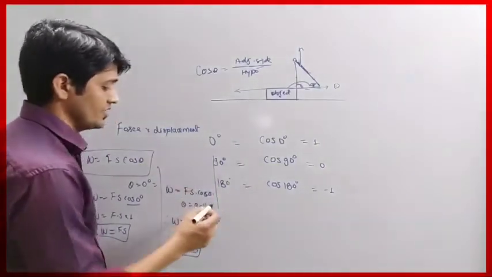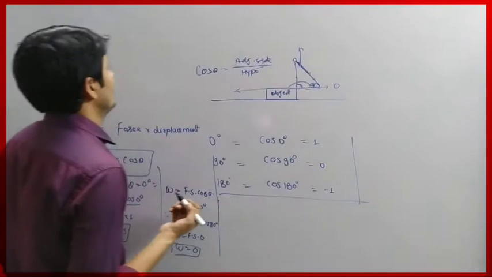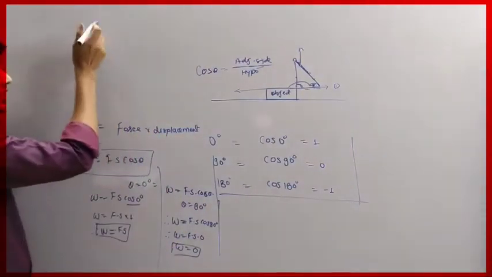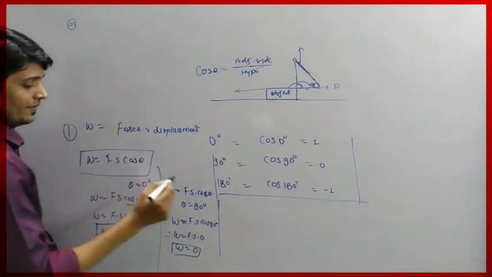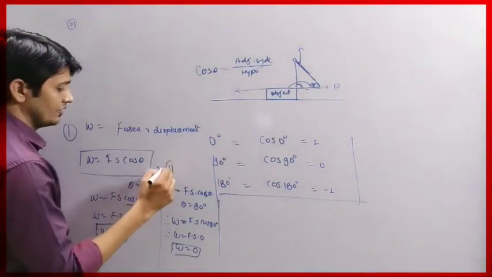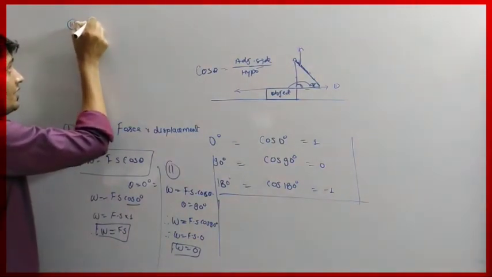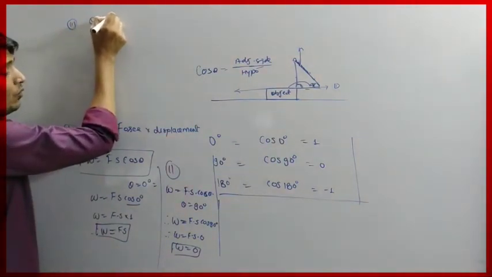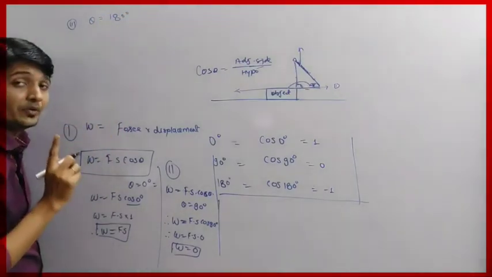Okay, now the next condition we will solve over here. Okay, third condition. This is the first condition, this is the second condition, and this is the third condition. For the third condition, if theta equals 180 degrees, what will happen when the value of theta is 180 degrees?